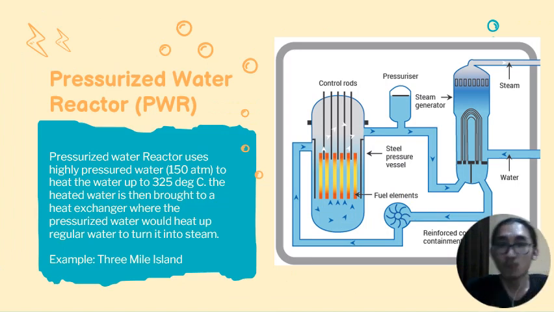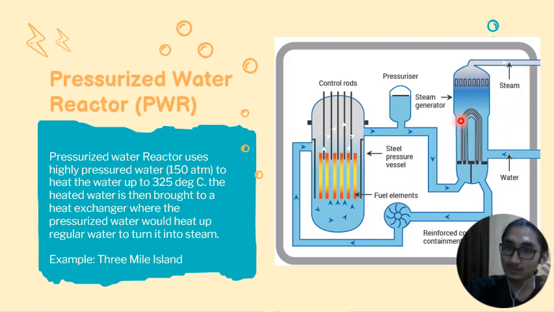A pressurized water reactor uses water that is pressurized at 150 atmospheres, which heats up to 325 degrees Celsius, to boil water. Now, the high pressure water itself doesn't boil, but instead it is used to boil the water in the heat exchanger chamber, which turns it into steam.